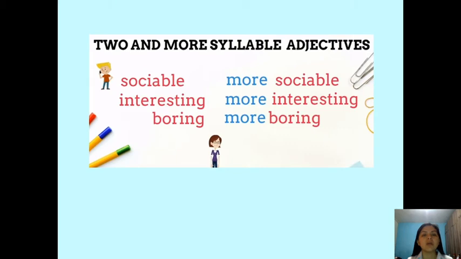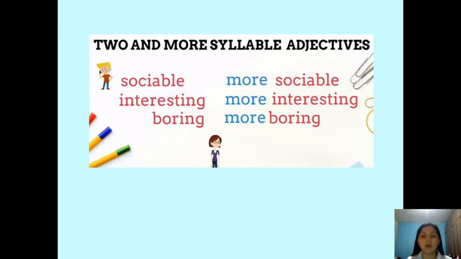Two and more syllable adjectives. For example, sociable, interesting, boring. How many syllables does this word have? For example, sociable, one syllable? No, right? Interesting, one syllable? No. Boring? Yes, they have two or more syllables.